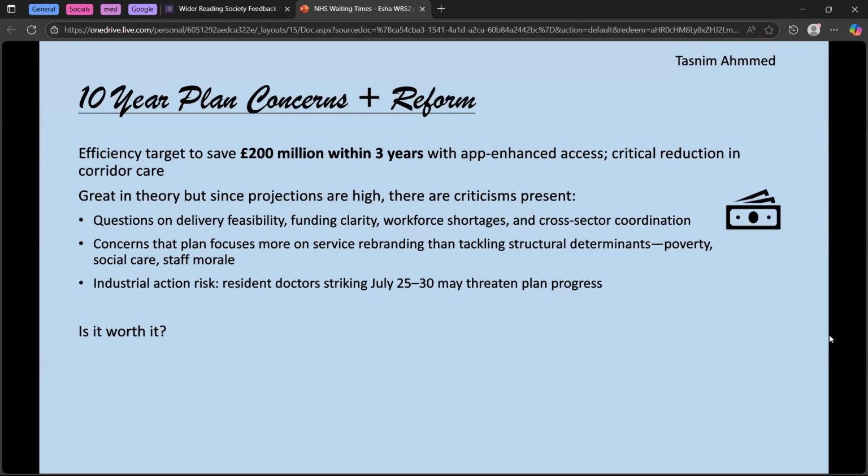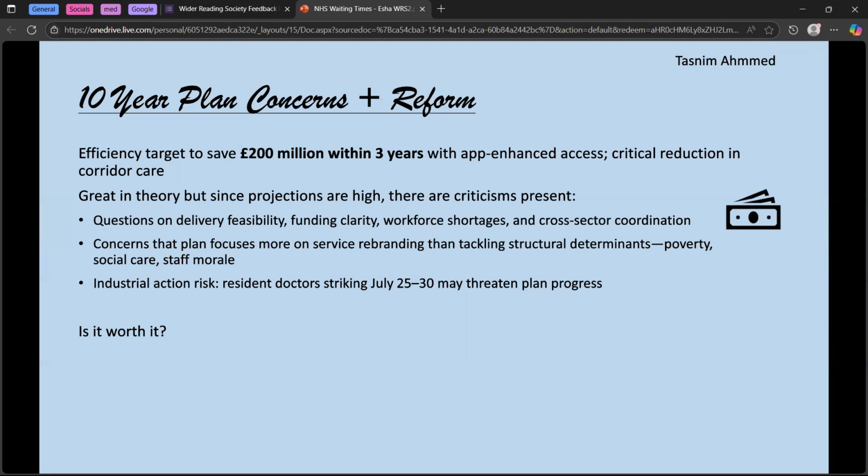But to add to that, there are concerns that the NHS is focusing more on rebounding rather than the actual issues behind the high level of cases such as poverty, social care, and staff morale. All of this is quite broad and large, and so won't be able to be tackled head on unless there is more funding focused on these areas.